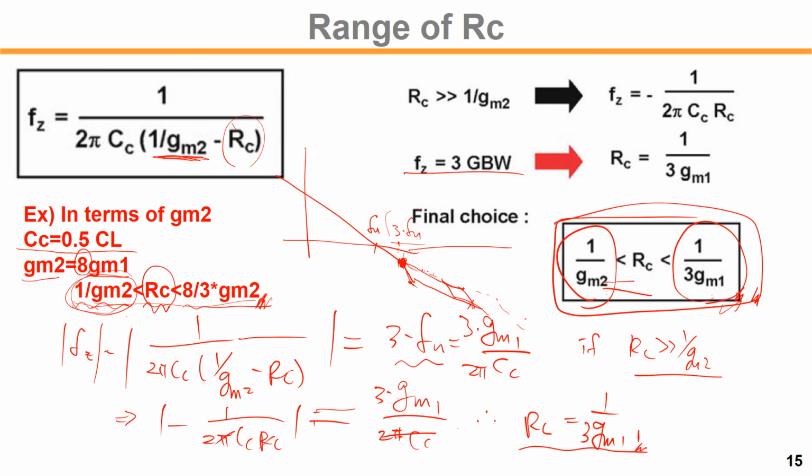So you can design RC slightly larger than 1 over GM2. That will give us a good choice of RC, right? So design RC slightly greater than 1 over GM2. Okay.